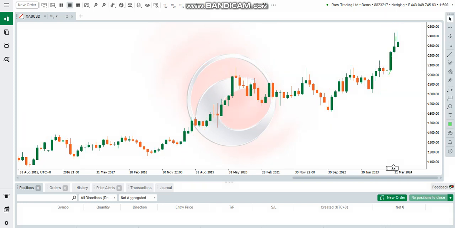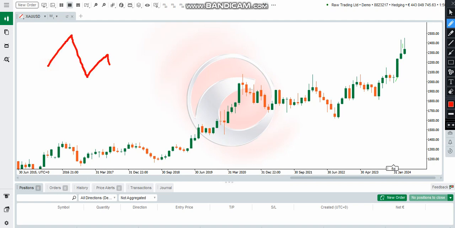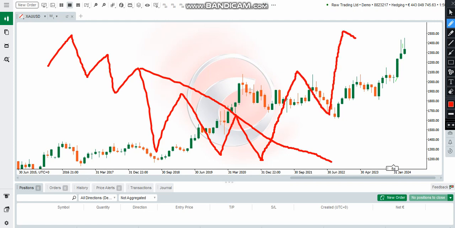Now, another valid bullish setup can be seen like this. Let me show this. By the time price breaks this reversal pattern, you have a structure like this.